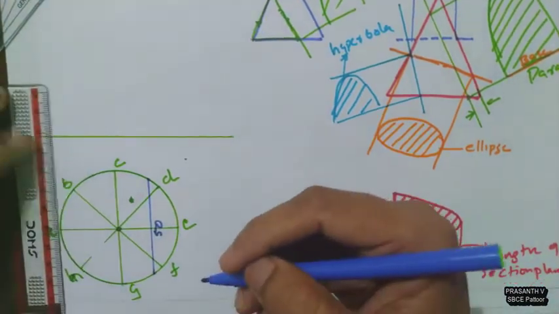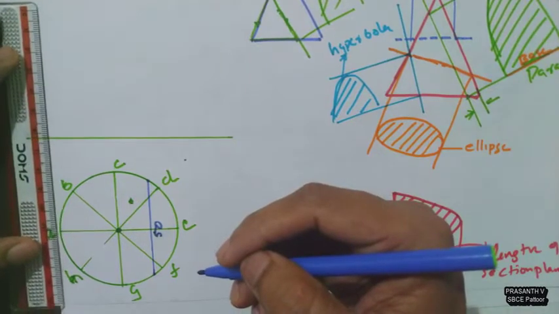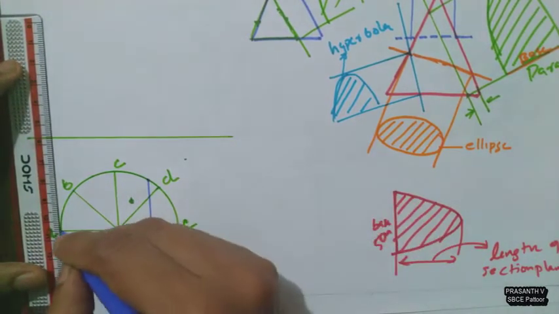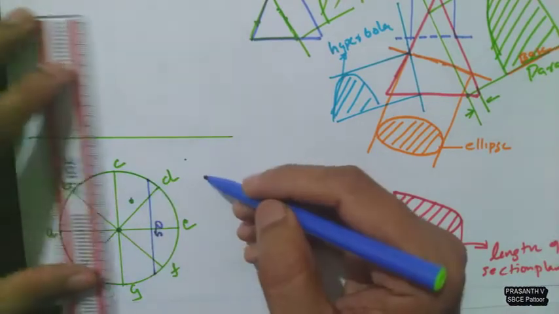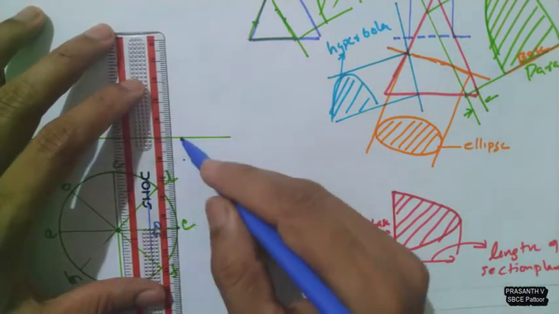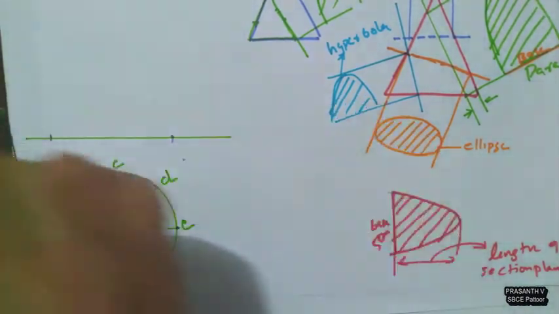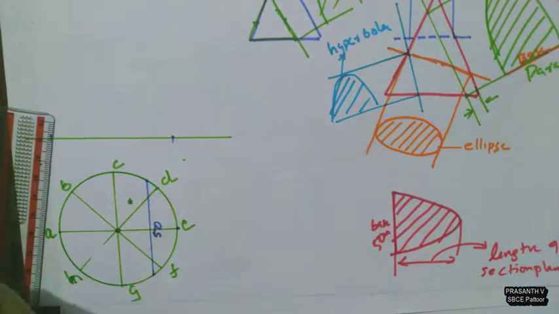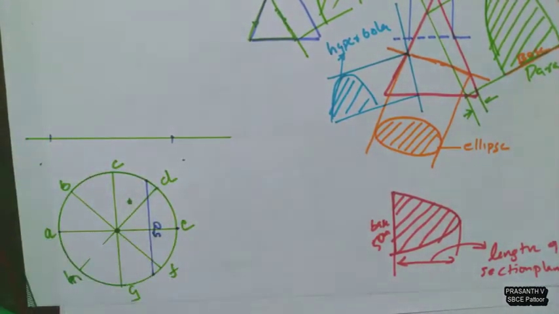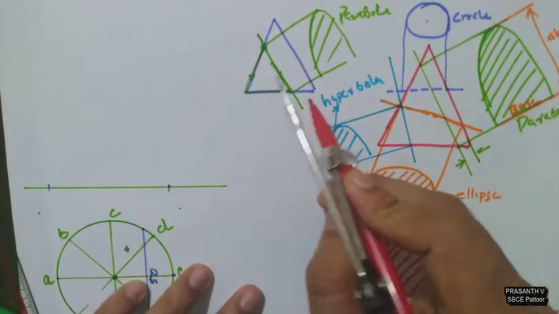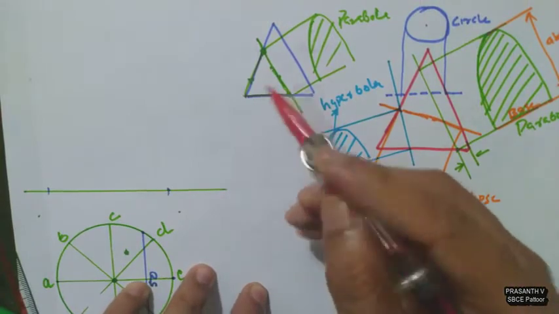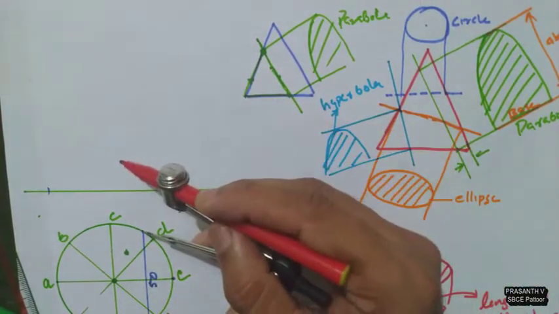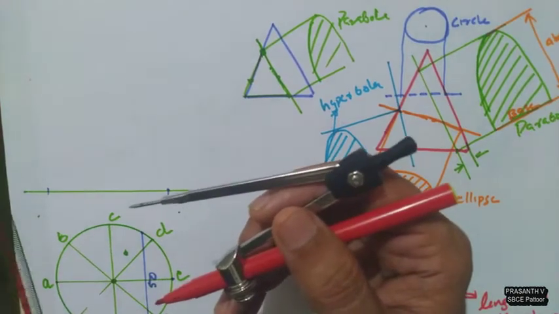Now see, you just project the end points of the circle to the XY line. Project the end points to this XY line. Now here you can see, in this case I already mentioned, if this is a section plane, so I can project this point to the reference line.